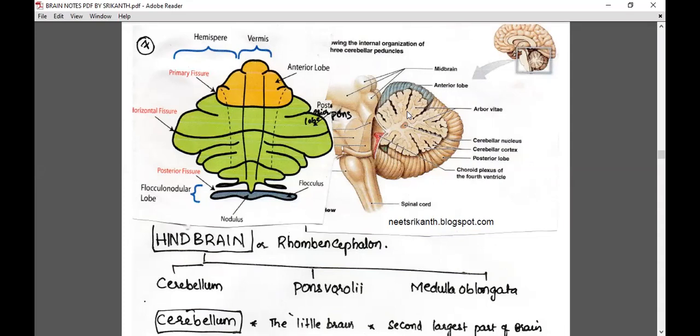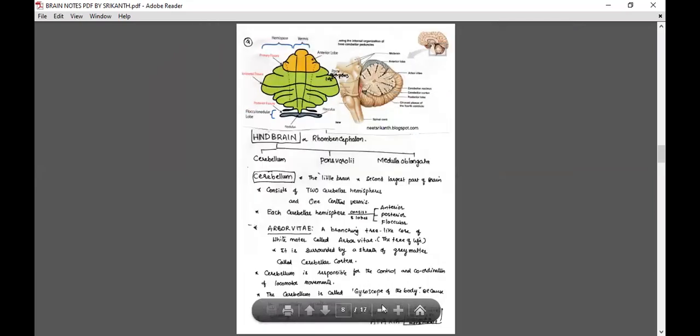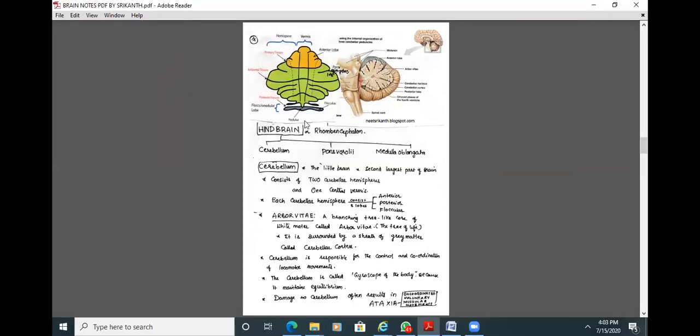I'll show here. When we change the color like this, okay.